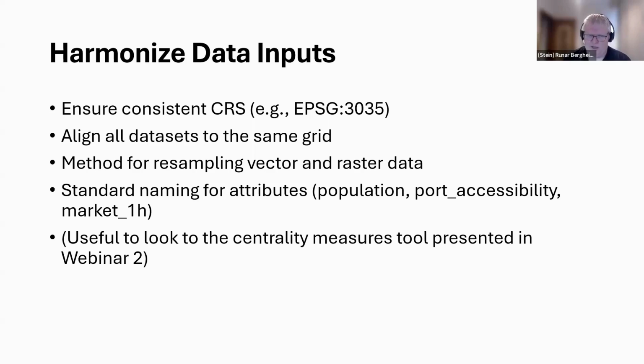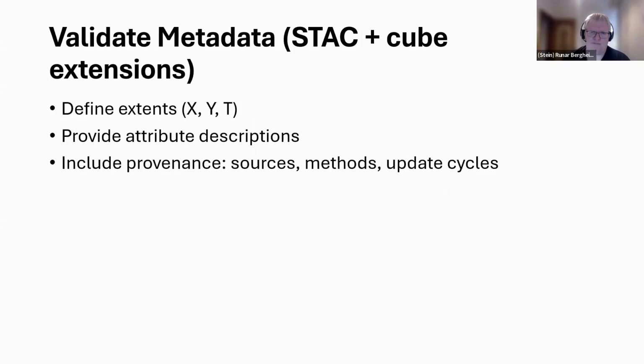So when we want to combine it into analysis, we should also consider that we had a previous webinar, number 2, I think, that was looking at a tool to generate centrality measures. And in that webinar, we presented a tool that is capable of doing all these things. So it's relevant to look to that.